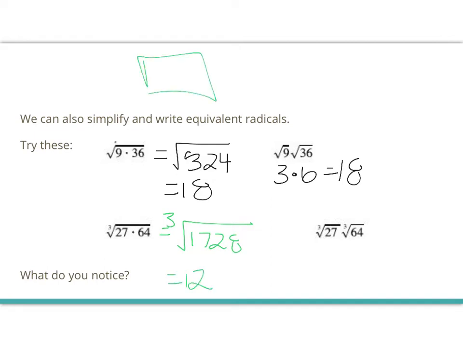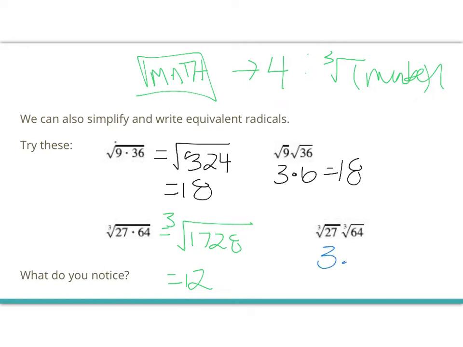Remember, to cube root something, you're going to press math and select number 4, which is the cube root of something, and you'll put your number in there. All right, if we did the cube root of 27, that is 3 times the cube root of 64 is 4. 3 times 4 is still 12. So we proved it in both a cube and a square.